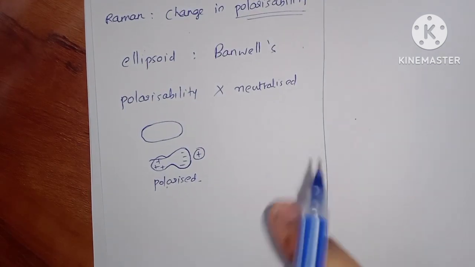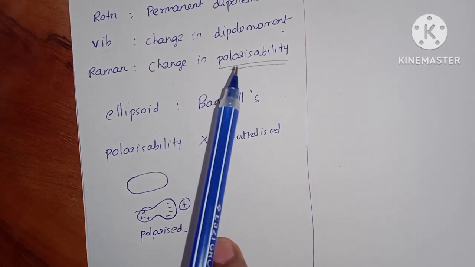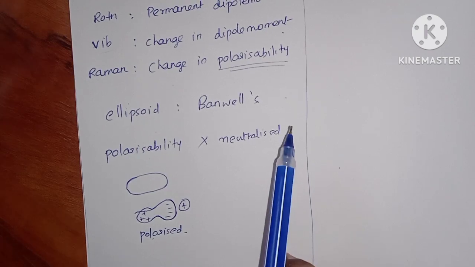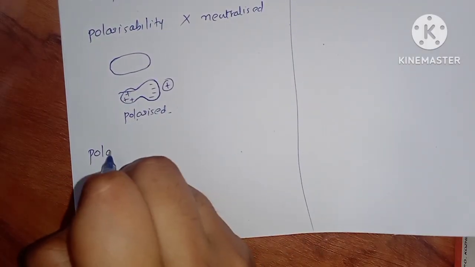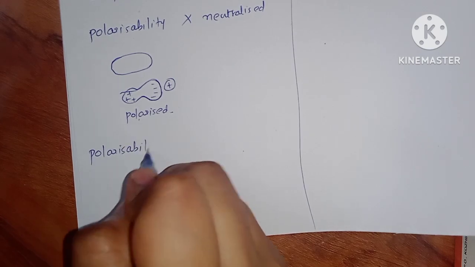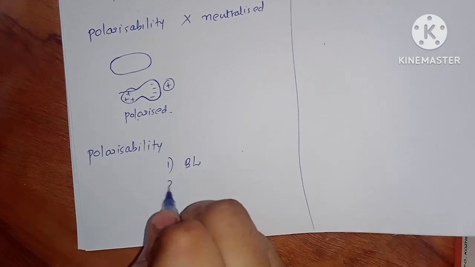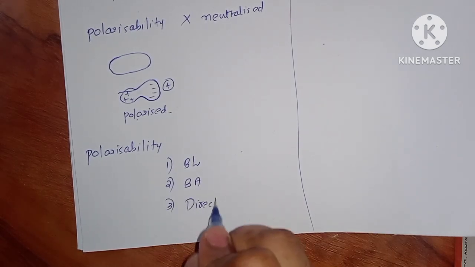So now we have to consider whether the molecule has a change in polarizability during a particular vibration. For that, there is an easy method. Polarizability depends upon three factors: bond length, bond angle, and direction.